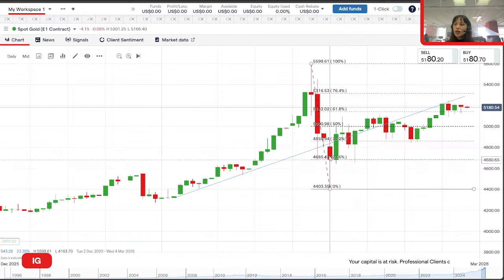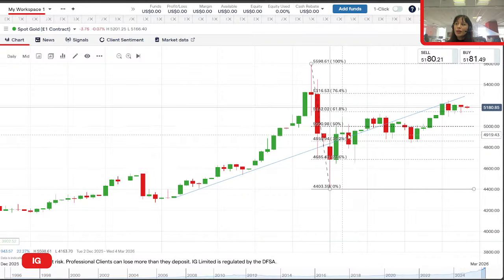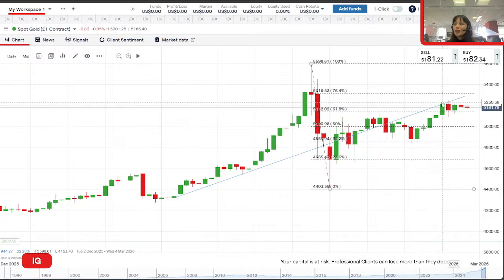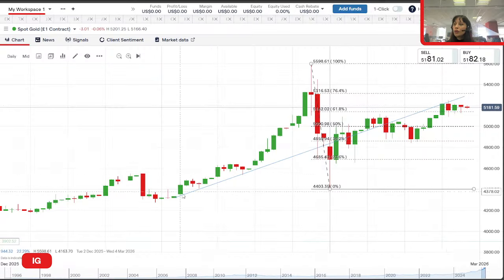We then saw a relief, and we can see why this uptrend is back in the spotlight technically, because it is now the major level the market is trying to test as support and as resistance. It's continuing to test it. Even the major bullish momentum that we saw since mid-February till today was stopped at around 5,225, and that's where it tests the lower level of the previous uptrend.